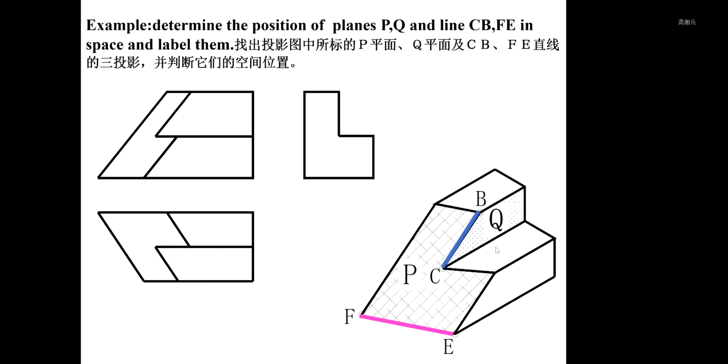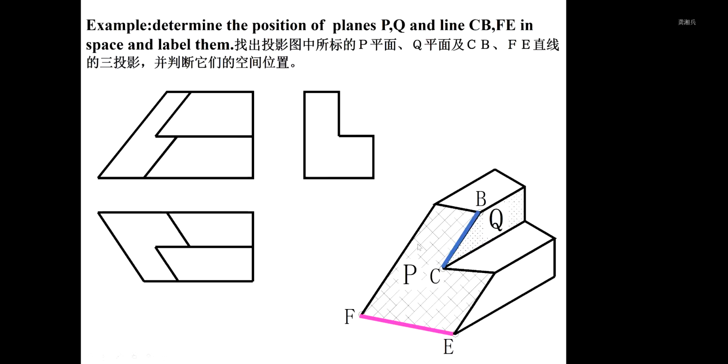For another one here, also to have the example: determine the position of planes P, Q, and the lines CB, EF in the space and label them. So you should know to find this is Q, this is P, BC is a line, FE is a line.